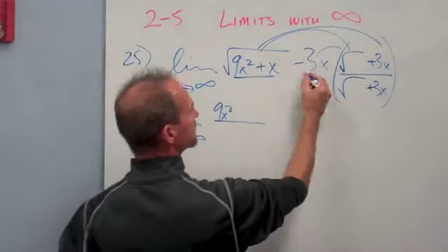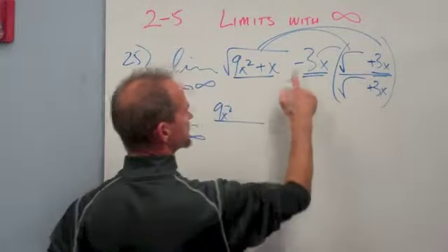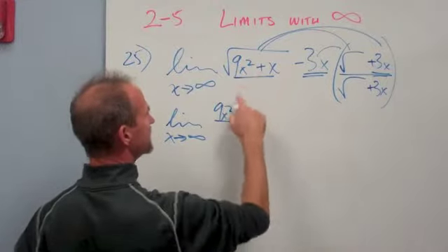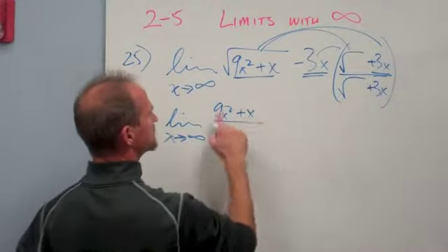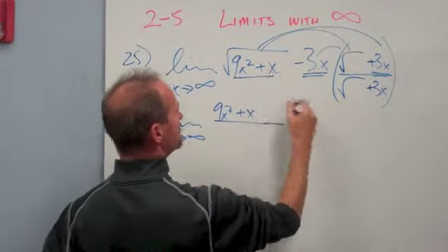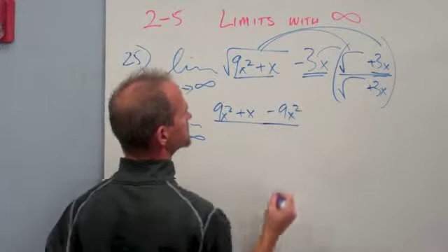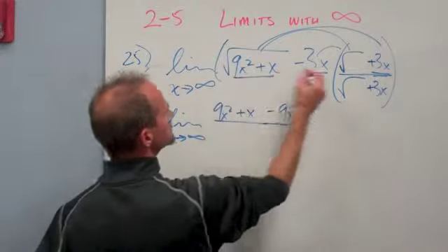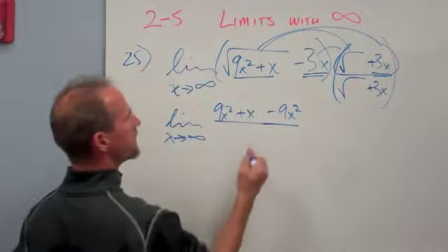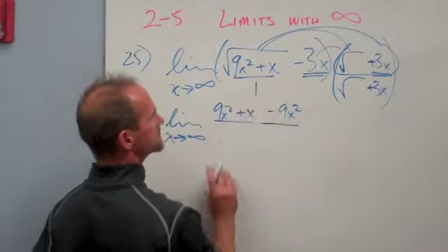And then finally, 3x times positive 3x, negative times positive gives you minus, oh sorry, inside the radical is 9x squared plus x, and then minus 9x squared. This is just from foiling this whole binomial with this whole binomial right there. When I multiply the denominator, this is over 1.